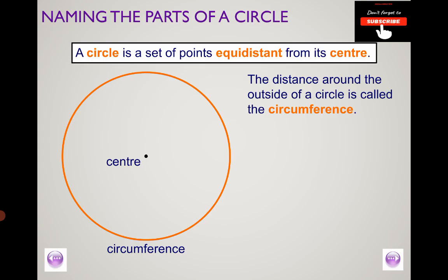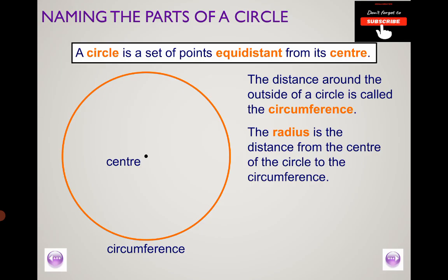All right, great. So the radius of a circle is just the distance from the center of the circle to the circumference. So we are saying the distance measured from here, the center, to any point on the circumference is called the radius. It's called radius, and it's singular.